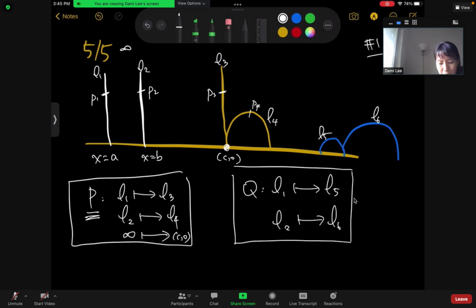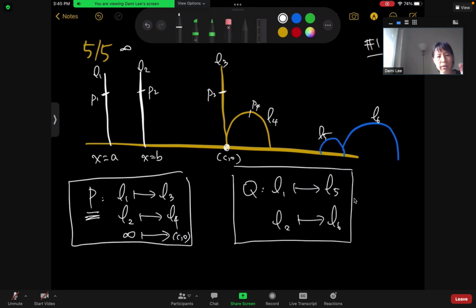So what I'm doing is I want to find a map that maps L1 and L2 to L3 and L4 in a very nice way. I'm trying to find this right conjugate. The thing is, now I have 3 points to keep track of. I have P1, P2, and infinity on my left, and I know that these are going to be distinct points because infinity is the point that's on both the lines.